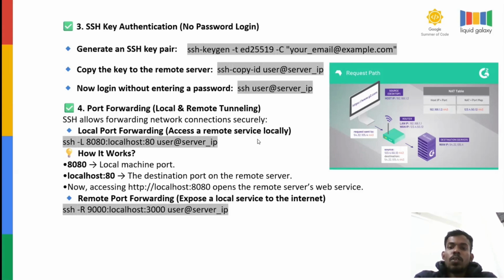Port forwarding helps securely access remote services by tunneling traffic through an encrypted SSH connection. Local port forwarding lets you access a remote service from your computer as if it were running locally. On the other hand, remote port forwarding allows external users to connect to a service on your local machine via the SSH server.